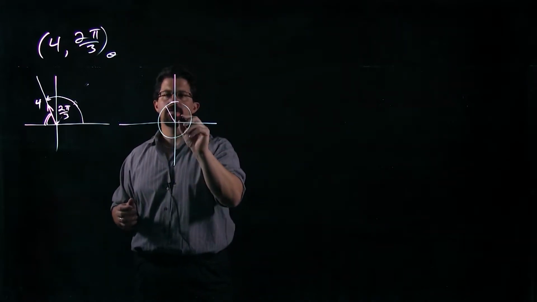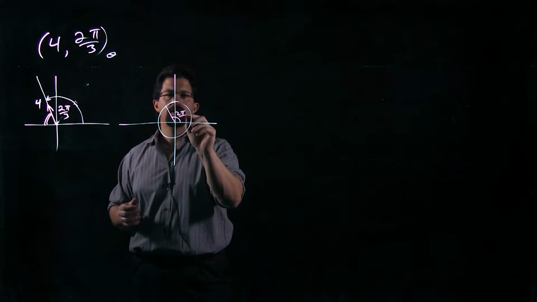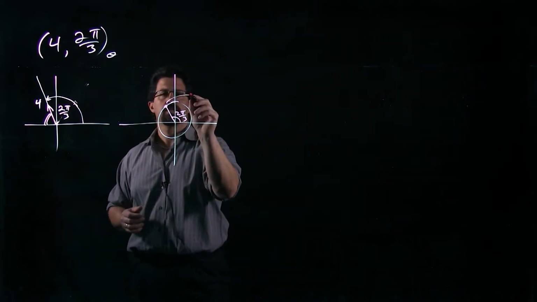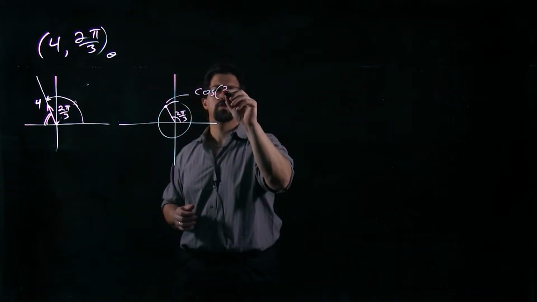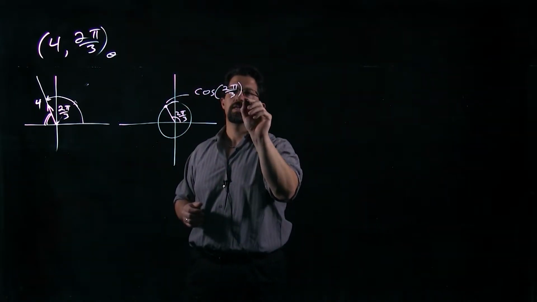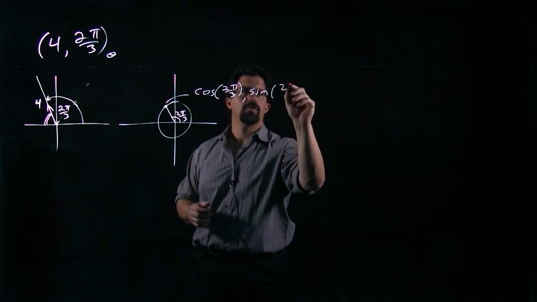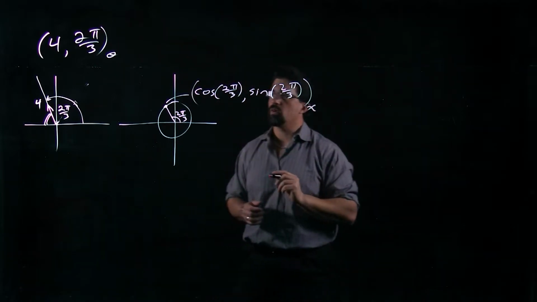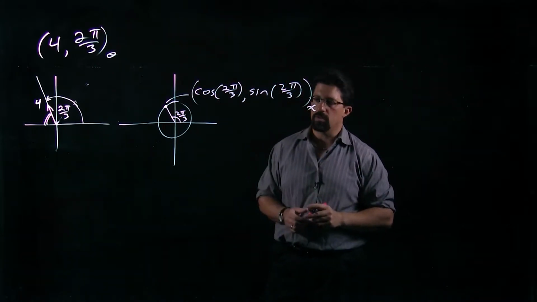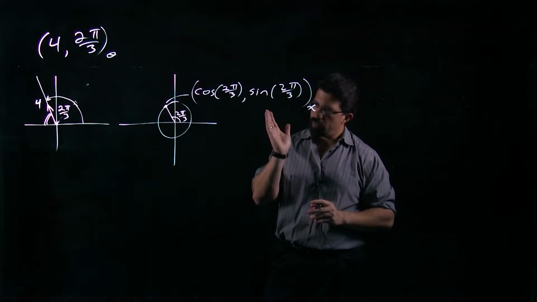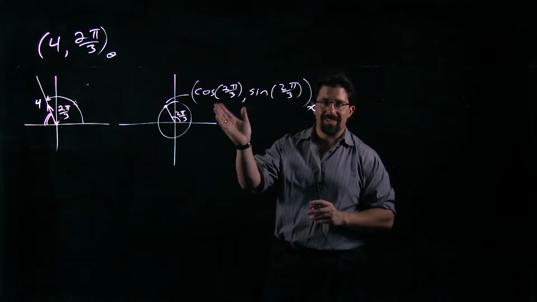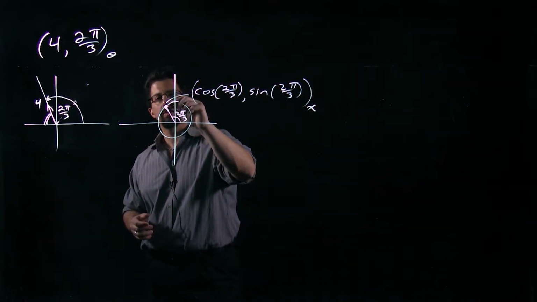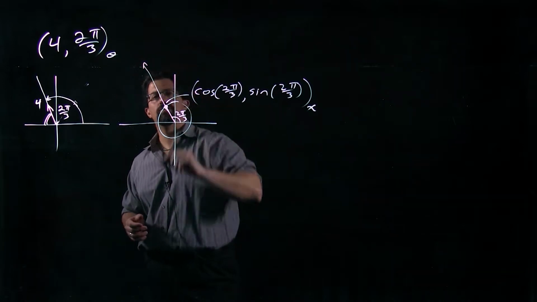And on the unit circle I've got an angle of 2π/3, which makes this point over here, let's label it right there, (cos 2π/3, sin 2π/3) in terms of xy coordinates, right? So in terms of the rectangular coordinates. That gives us what happens when we move one unit in the direction that we want to face. And then instead of moving by 1, we're going to move by a total of 4.